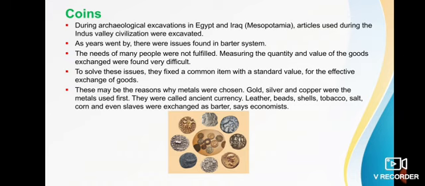They were called ancient currency because people didn't know about paper. In later days, people used metal instead of leather, beads, shells, tobacco, salt, corn, and even slaves were exchanged. Barter, says the economist.